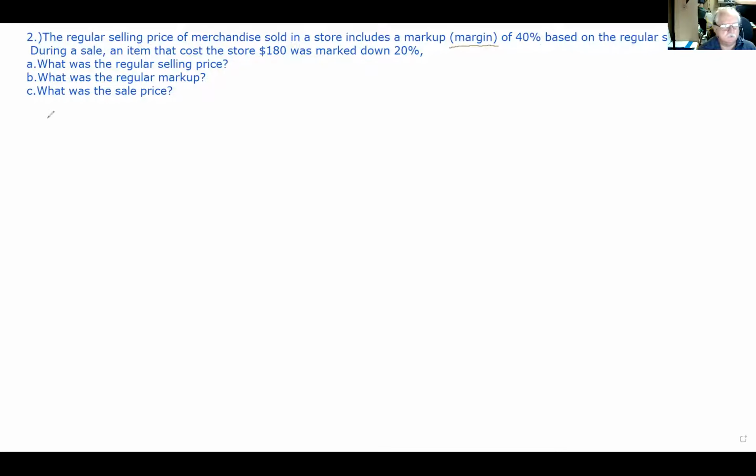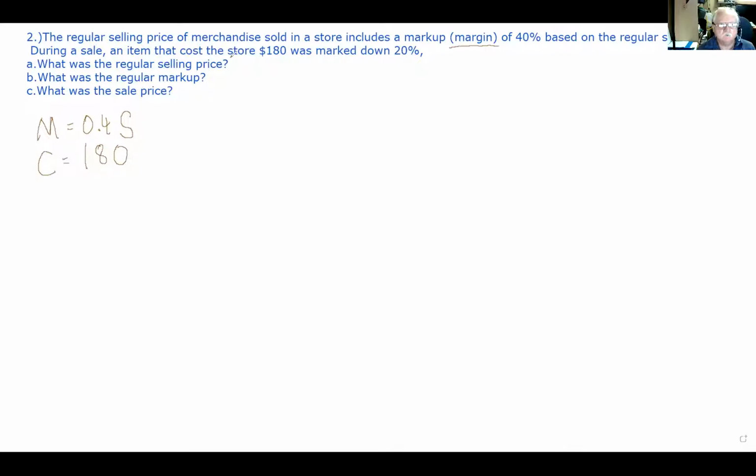So what we know is markup equals 40%, so 0.4 S. During a sale, an item that costs the store 180, so we know the cost equals 180, was marked down 20%.